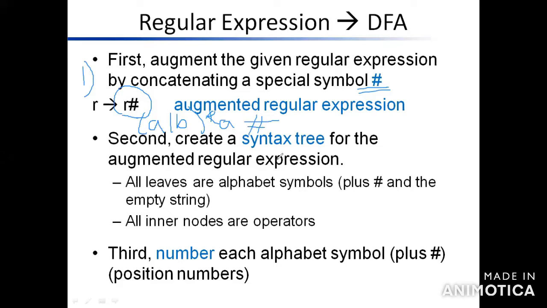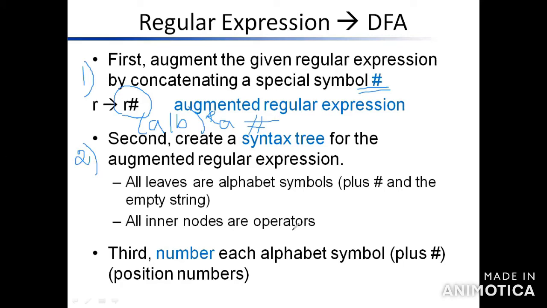What about the second thing? The second thing, you have to create a syntax tree for the given expression. In that syntax tree, you have to consider two things. One thing is all the leaves are alphabet symbols. Second thing, all inner nodes are operators.